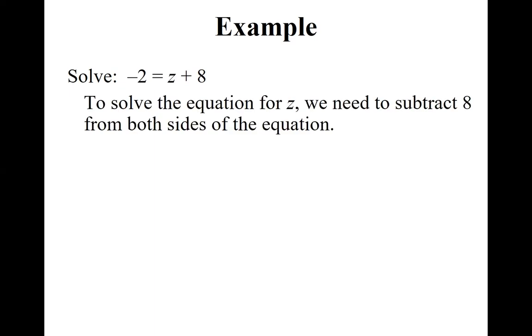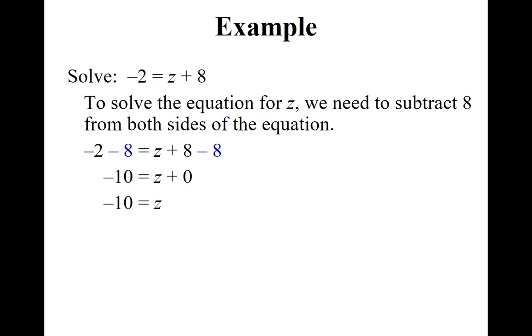So we need to subtract 8 from both sides. Negative 2 minus 8 equals z plus 8 minus 8. Negative 2 minus 8 is negative 10. Plus 8 minus 8, those cancel away. Number plus its opposite. So negative 10 equals z.